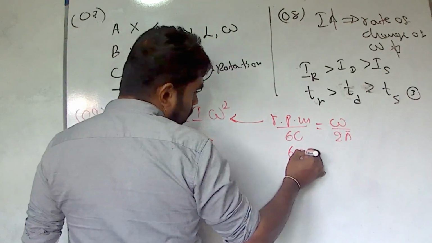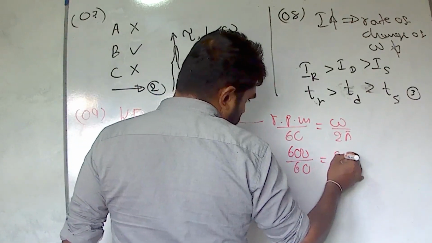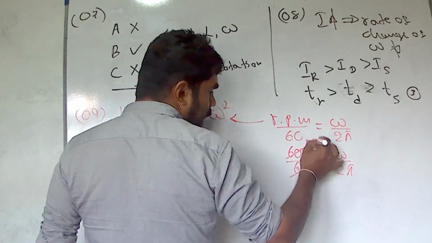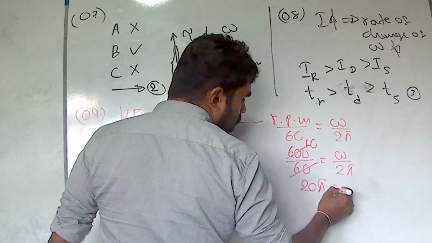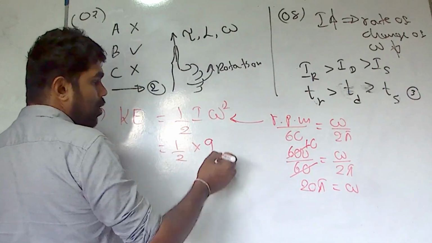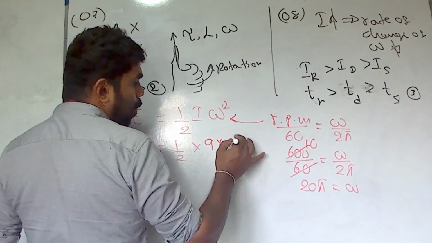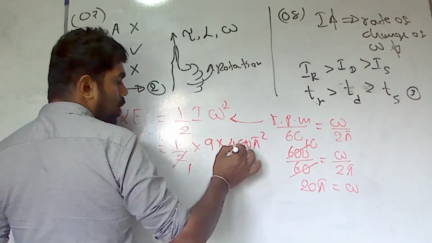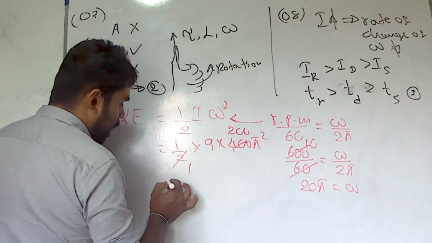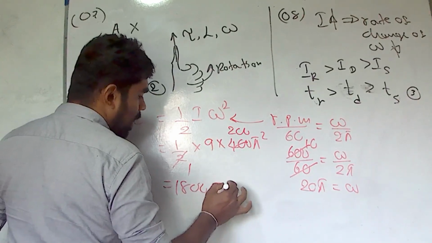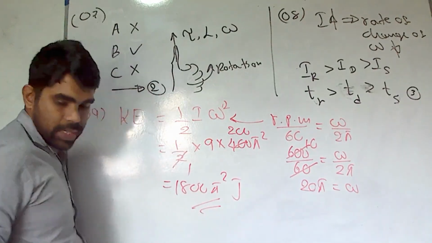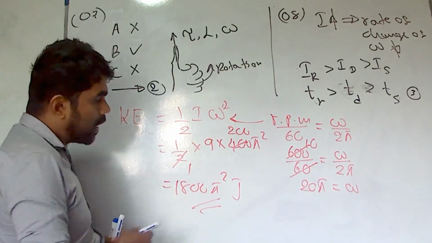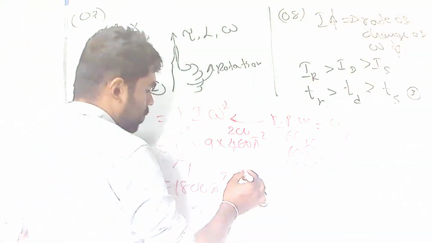RPM 600 divided by 60 equals omega over 2 pi. We can cancel out, and omega is 20 pi. Then omega squared is 400 pi squared. We can cancel out 2 and 400, giving 1800 pi squared. It is in joules. Then the answer is option 3 for question number 9.